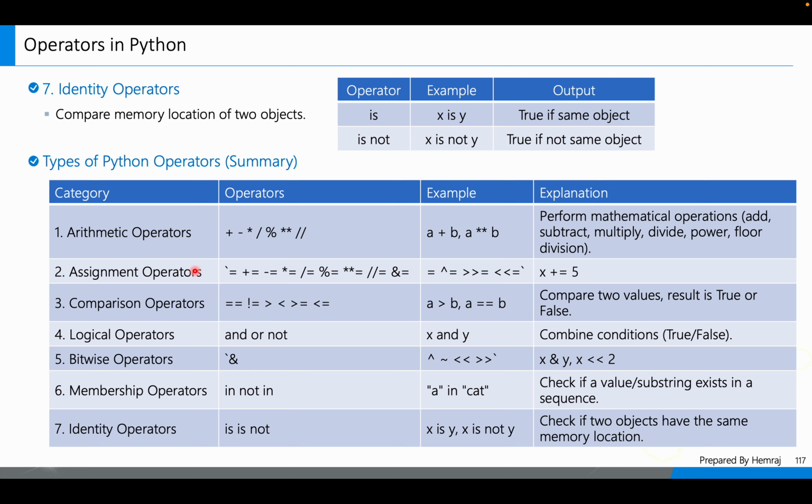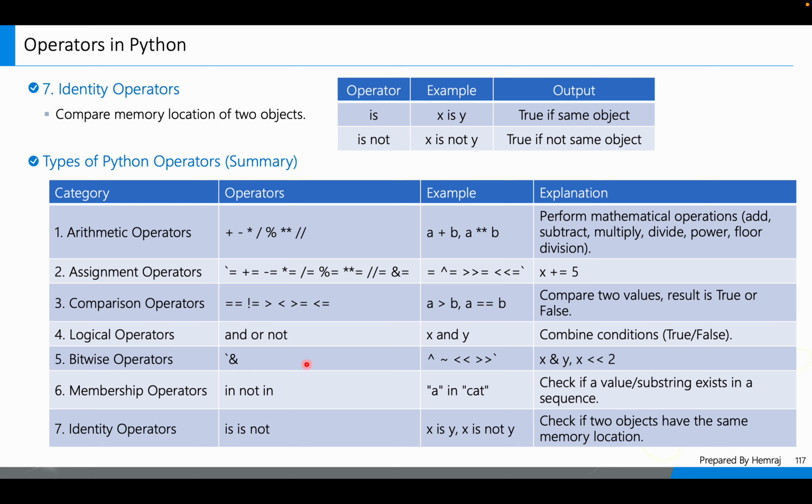Assignment operators assign values to variables, right? Then third is the comparison operator, which compares two values, and the result is true or false. Next, logical operators: and, or, not, combine conditions, true or false.